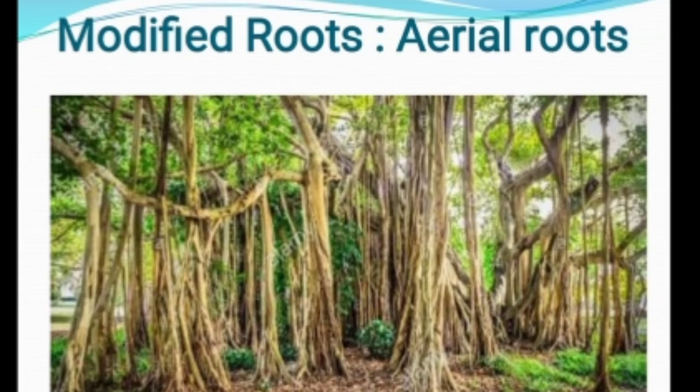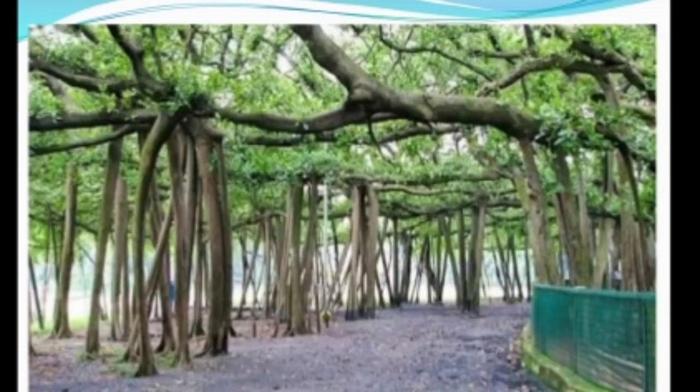Now children, here I am showing you one picture of a banyan tree. This banyan tree is 250 years old, a very old tree, and it is situated in the Indian Botanical Garden in Kolkata. It is a very huge tree. And children, what makes this plant grow and spread in such a huge area?